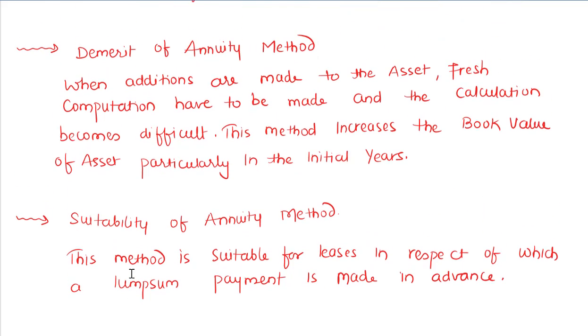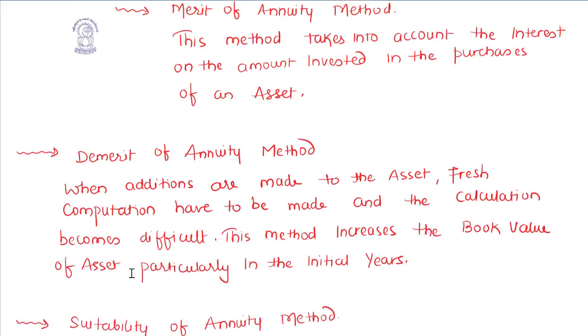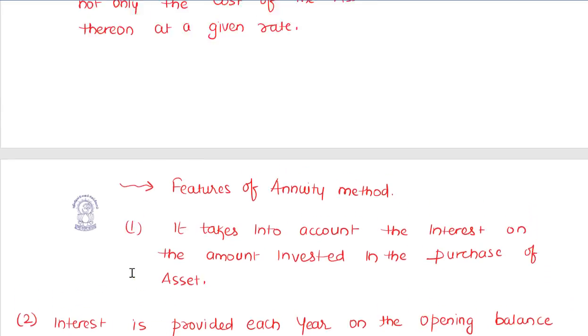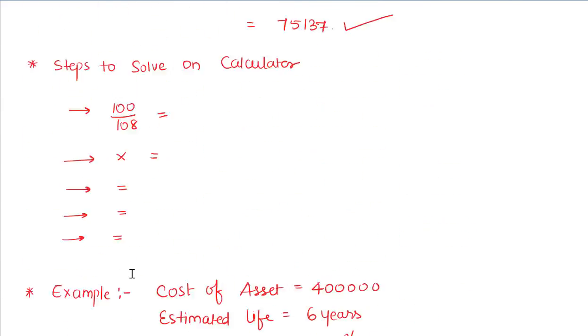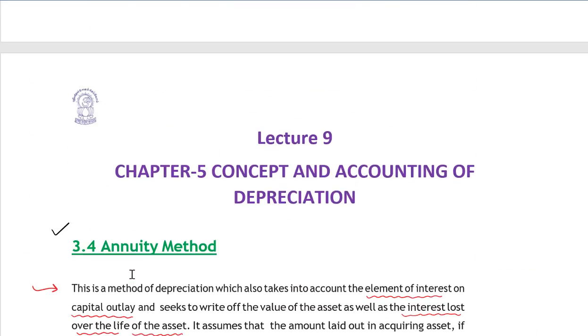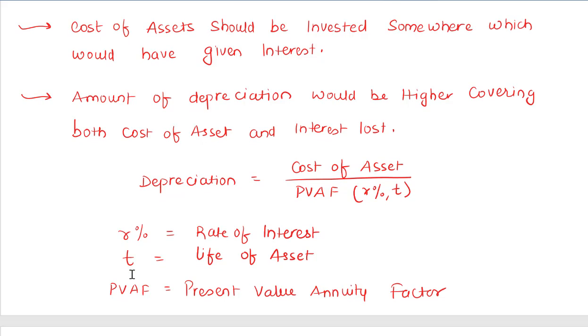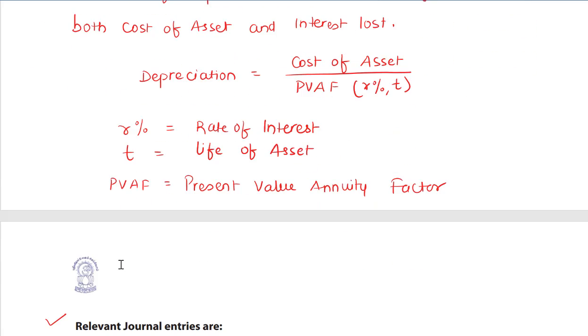Let us see what we have done in today's class. We have begun with annuity method. We noted down the formula to calculate the annuity method depreciation, that is cost of the asset divided by PVAF, rate percentage, and time, that is life of the asset.